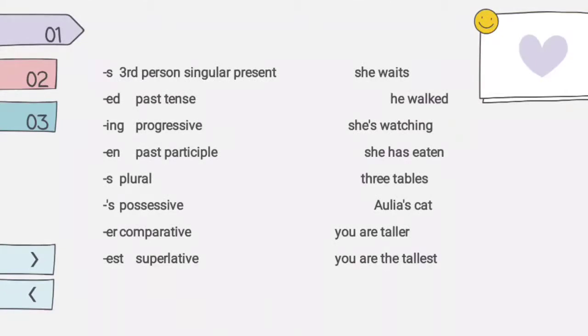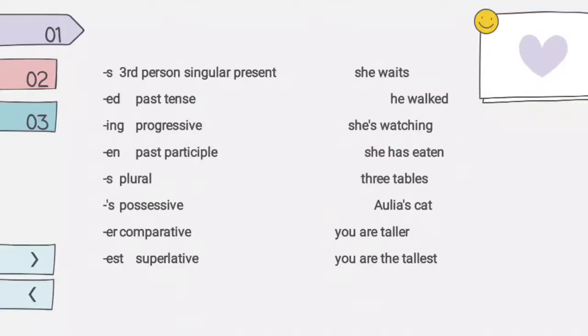S for the third person singular present, the example is she waits. Ed for the past tense, the example is he walked. Ing for the progressive, the example is she is watching. En for the past participle, the example is she has eaten.